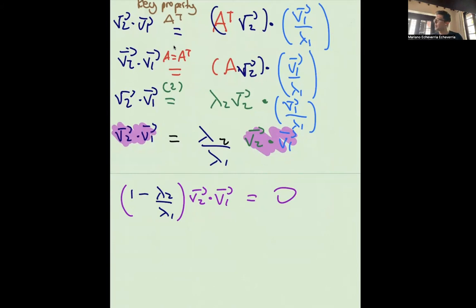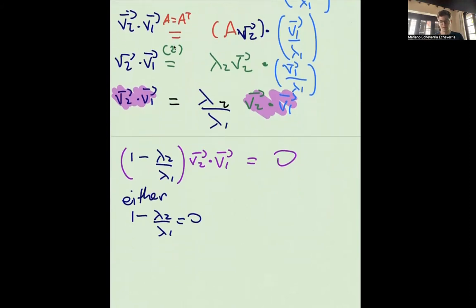Now, what is the product of two numbers? Remember, this is a number, and the dot product is a number also. That's useful to remember. So when is the product of two numbers equal to 0? Either this factor is 0 or this factor is 0. Either 1 minus lambda 2 over lambda 1 equals 0, which cannot happen because lambda 1 is not lambda 2.